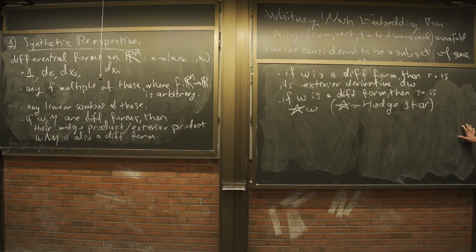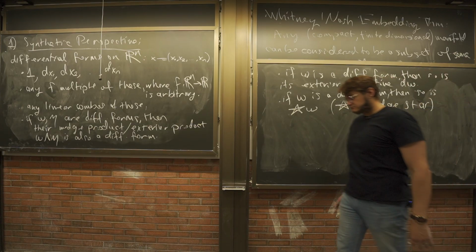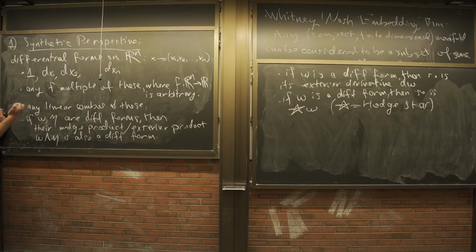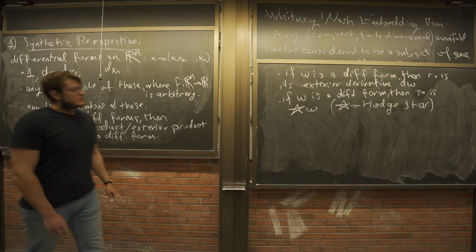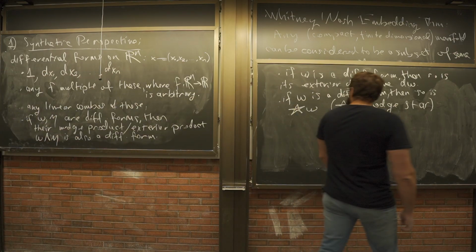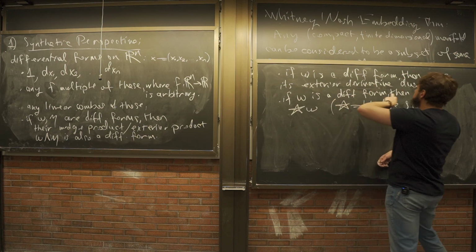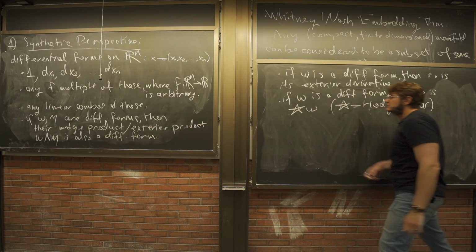Okay. These are all the symbols allowed. Linear combinations work the way you would expect. Function multiplication works the way you would expect. We need to discuss how to make sense of this. That is to say, what are the rules for this? We need to make sense of the rules of d omega and also this guy.